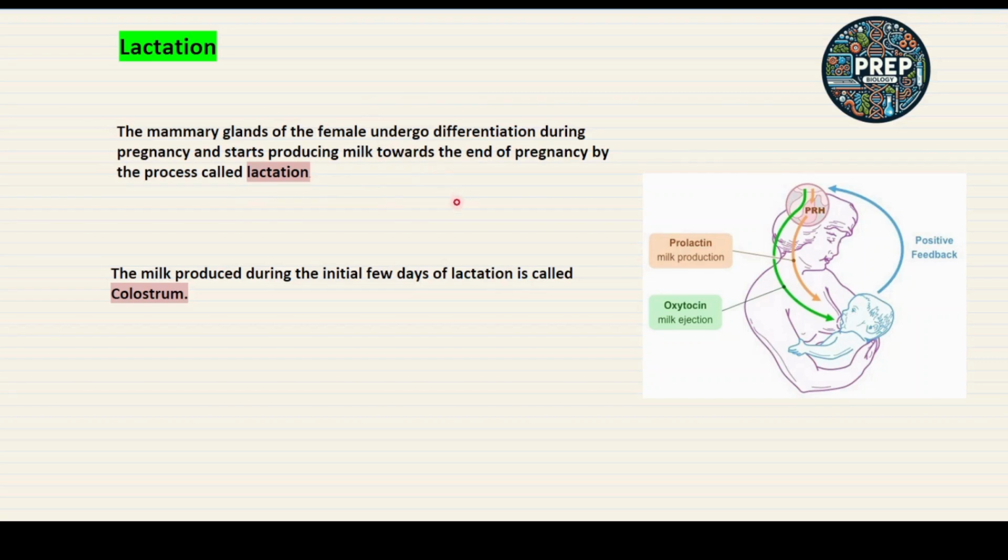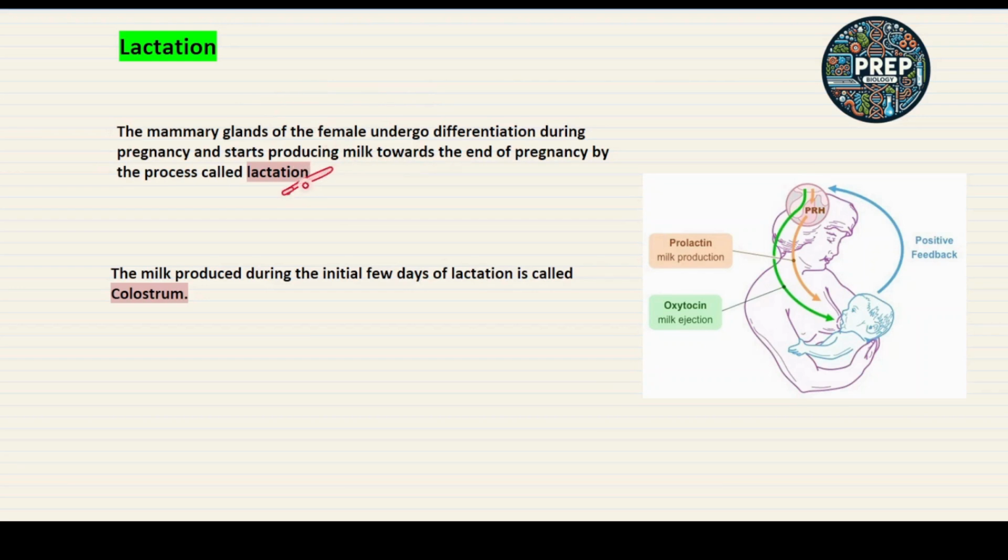We have studied the breast in previous lectures. A very important part of the breast is the alveoli, where milk secretion and storage of milk take place. After parturition, the mammary glands start secreting milk.